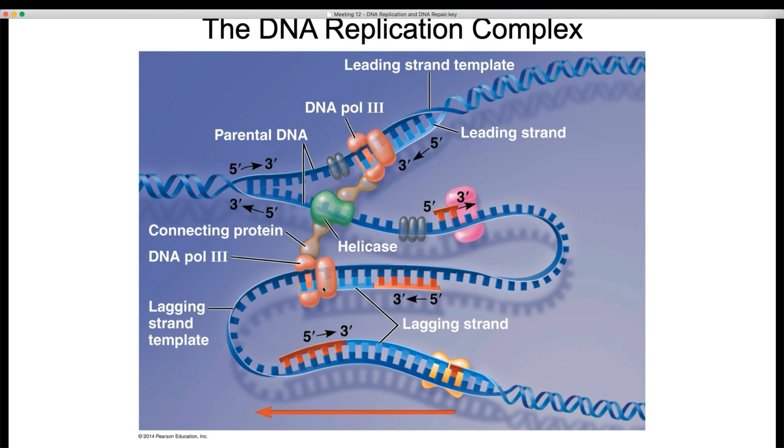Here's the one that's replicating the lagging strand. We've got the primase coming in, laying down primers. Everything is coordinated. Everything interacts with everything else. And this is a very organized process. So take a look at this figure and make sure that you can name each one of the components that you see here.